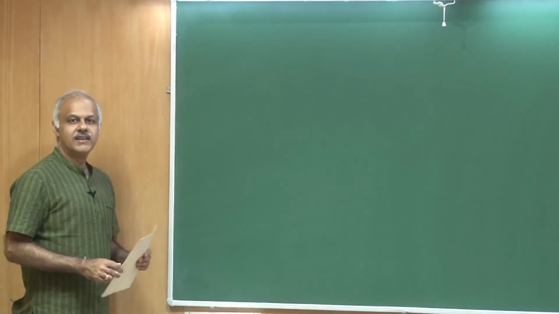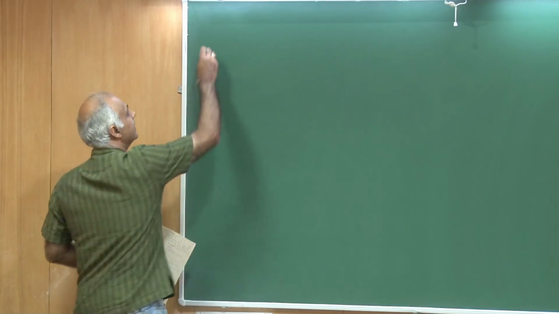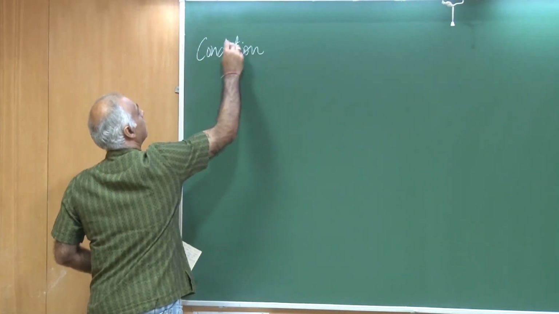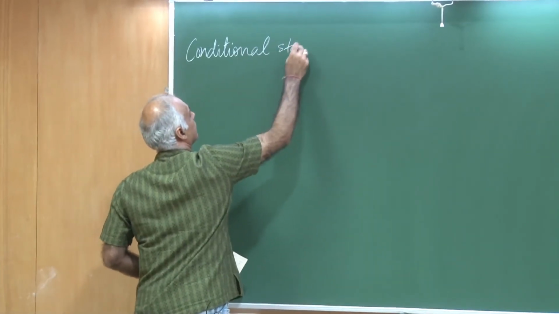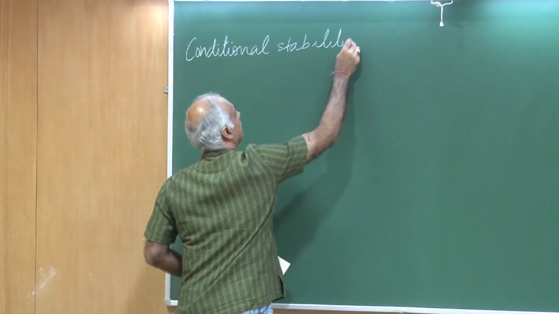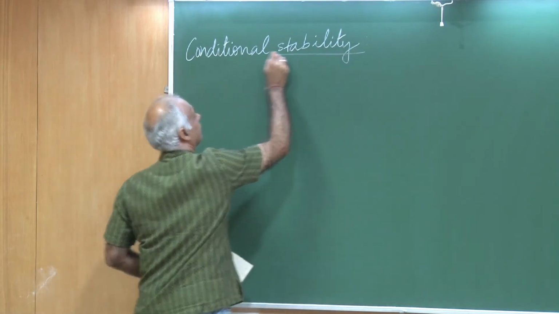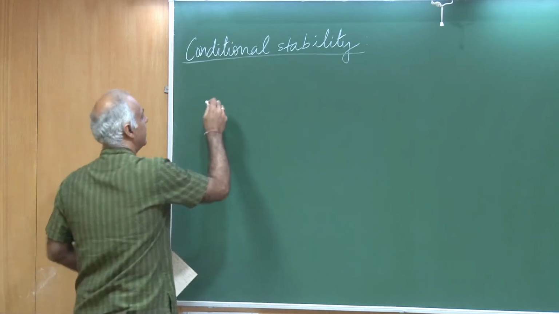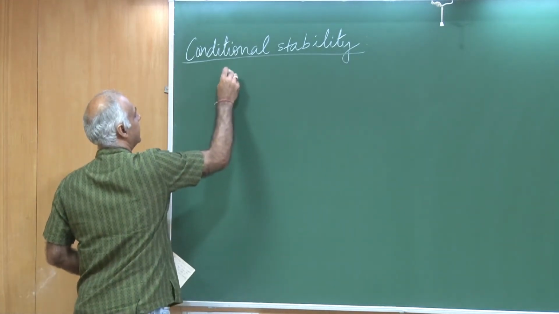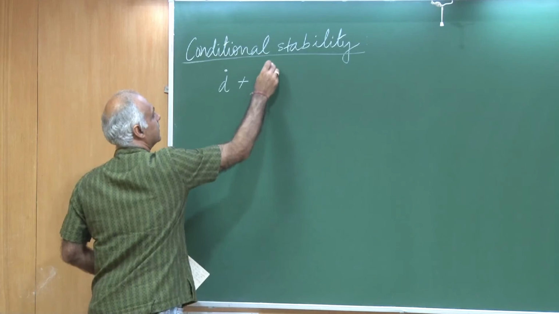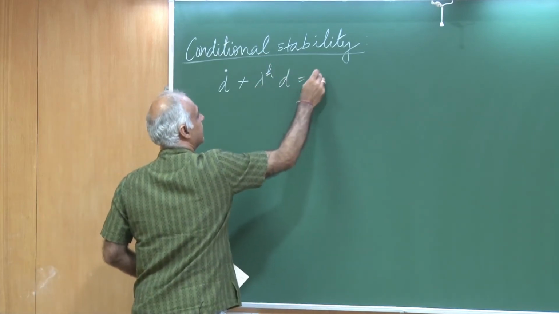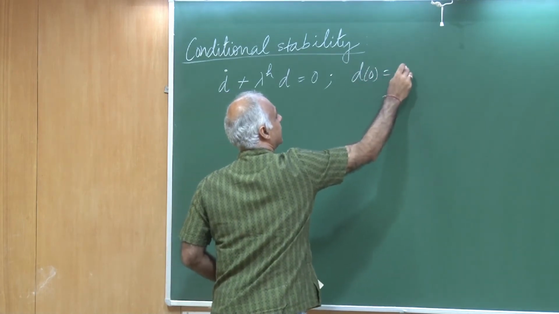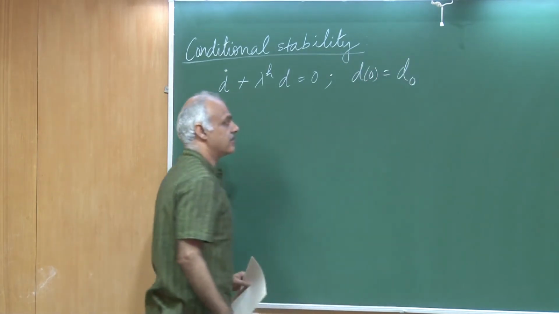Okay. Let us continue our discussion on conditional stability. So, let us write down the system again that we have analyzed. It looks something like d dot plus lambda h d equal to 0 with an initial condition that d at 0 is equal to d0.